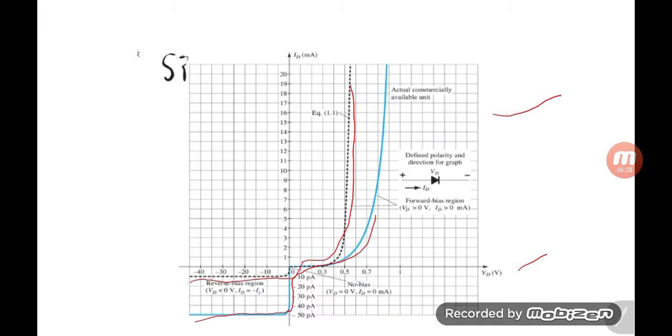If you apply zero bias, you will get zero current, so this is that point. If you apply some forward bias voltage, you will get this characteristic, and if you apply some reverse bias voltage, you will get the reverse saturation current. So this is the reverse bias region.